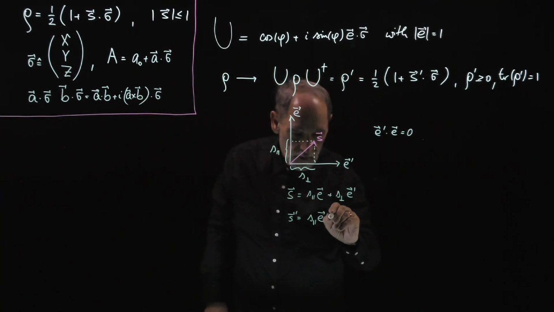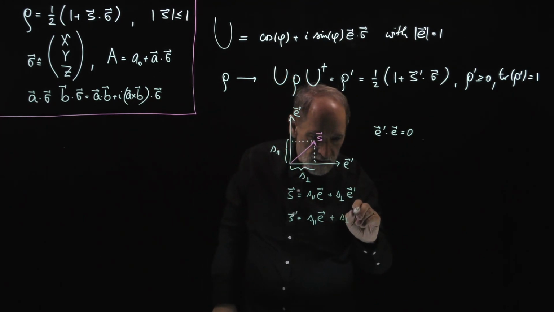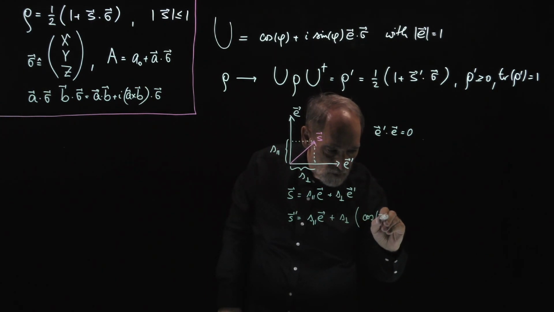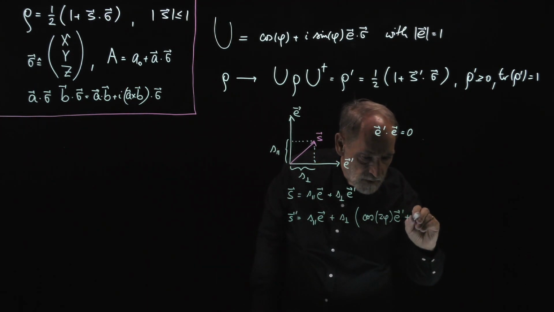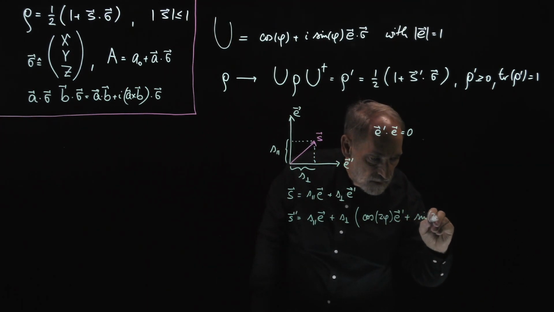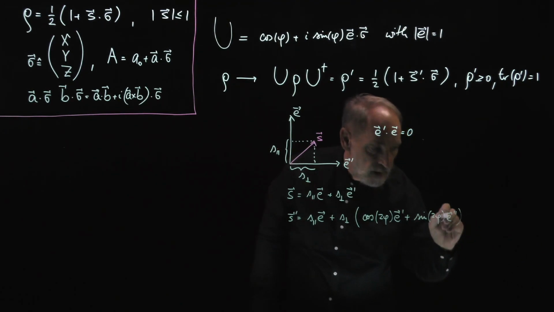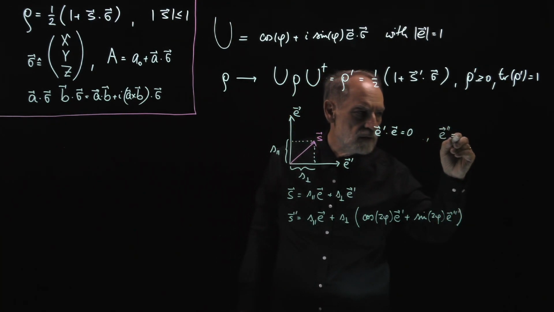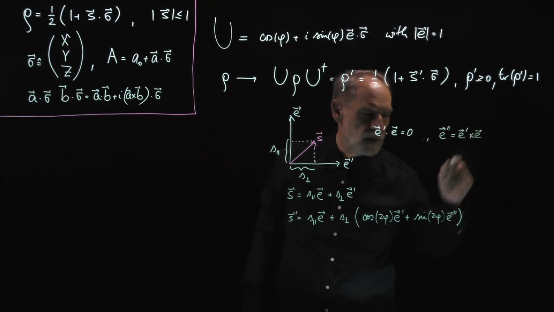So for the S perpendicular component, we will get the E prime, but that will pick up a factor of 2 cosine phi E prime, and there will be the third direction with sine 2 phi E double prime. And this E double prime vector is just the cross product of the E prime vector and the E vector.